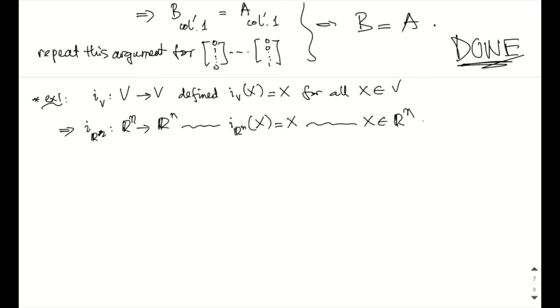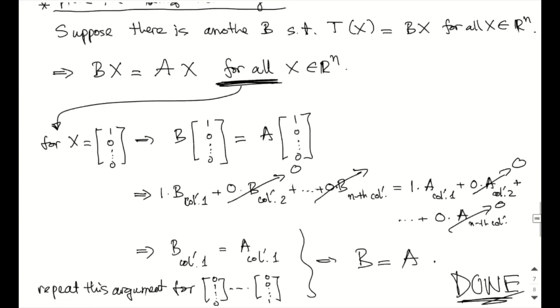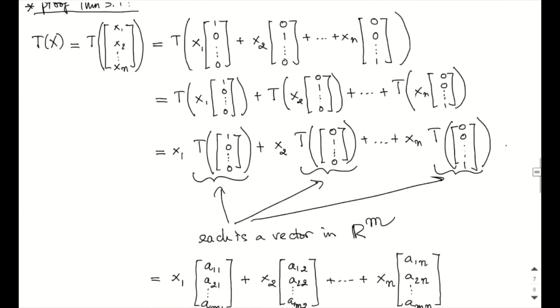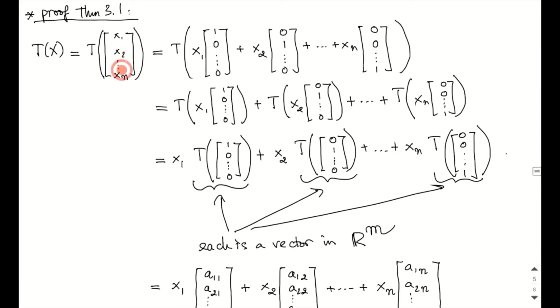Now we are going to again utilize the word for all to identify the matrix that represents this transformation. All right, if you understand the proof, the idea of the proof is this one. You split any general vector into the sum of the bases, the standard basis. And then you find what T does on the standard basis. These will constitute the columns for the matrix A that you are looking for.